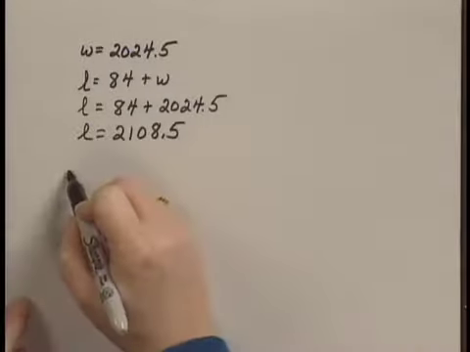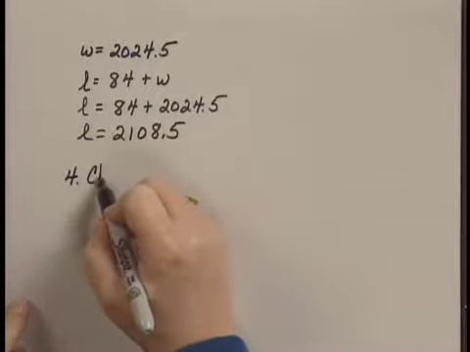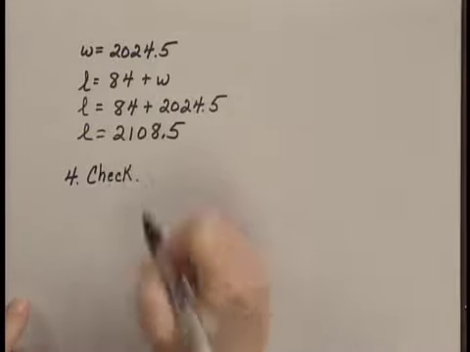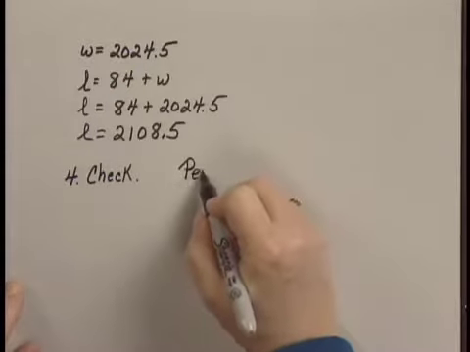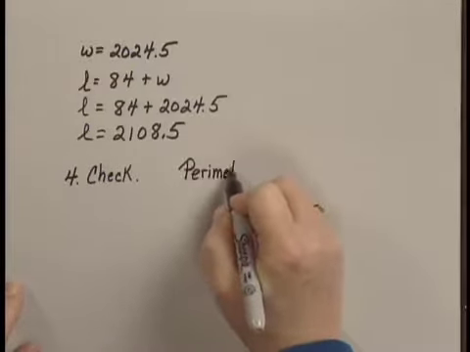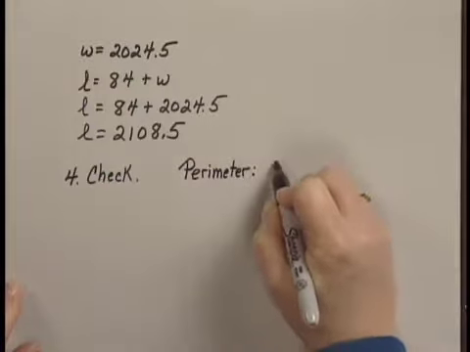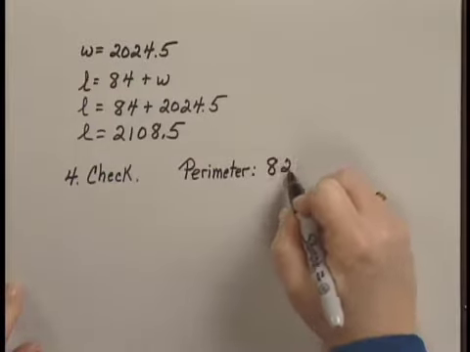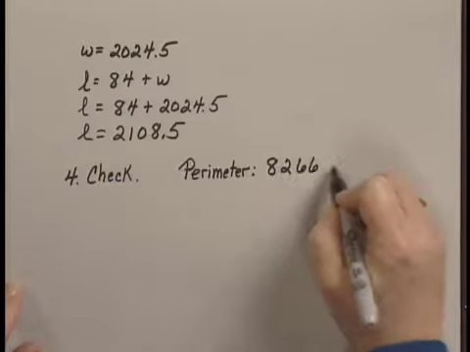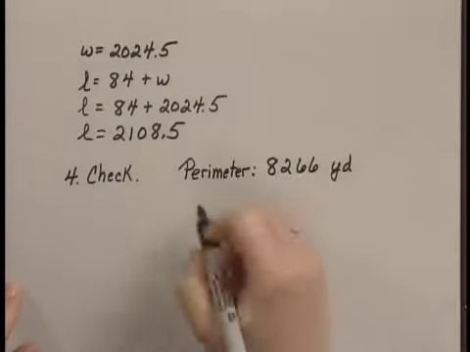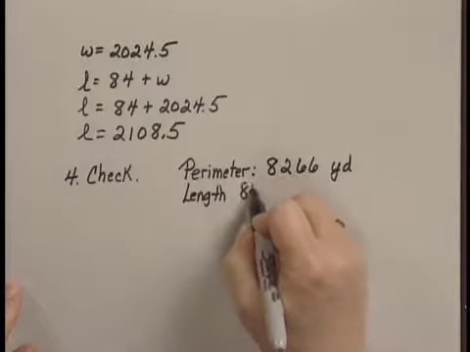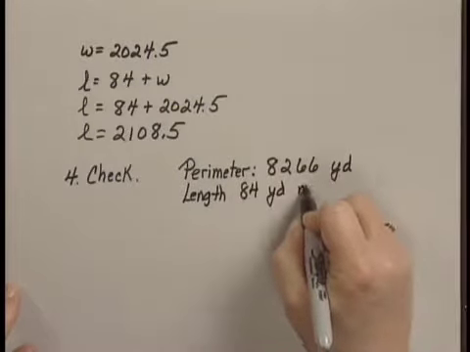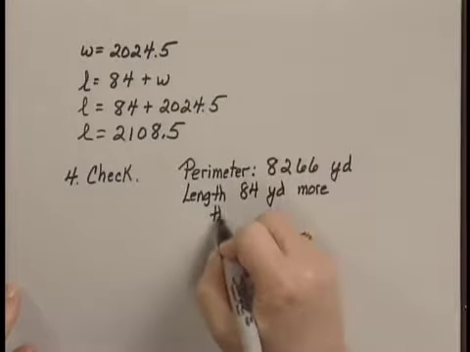To check it, I look back at what was given to me in the original problem. First of all, I was given the perimeter. I was told that the perimeter was 8,266 yards, and I was told that the length was 84 yards more than the width.